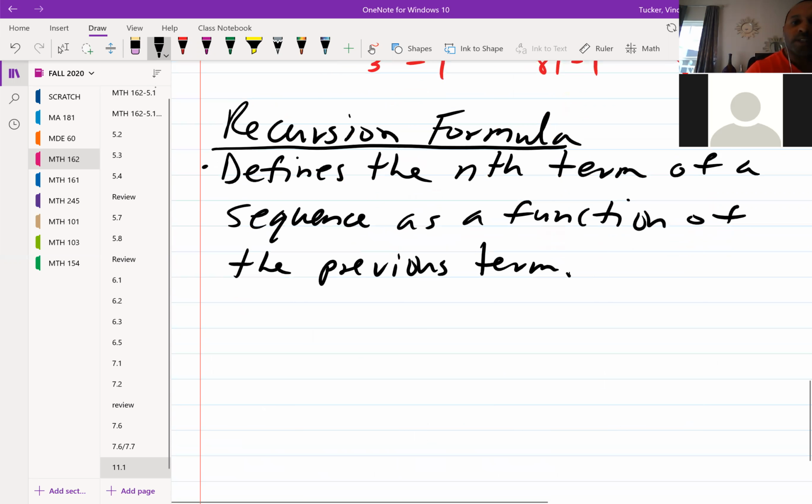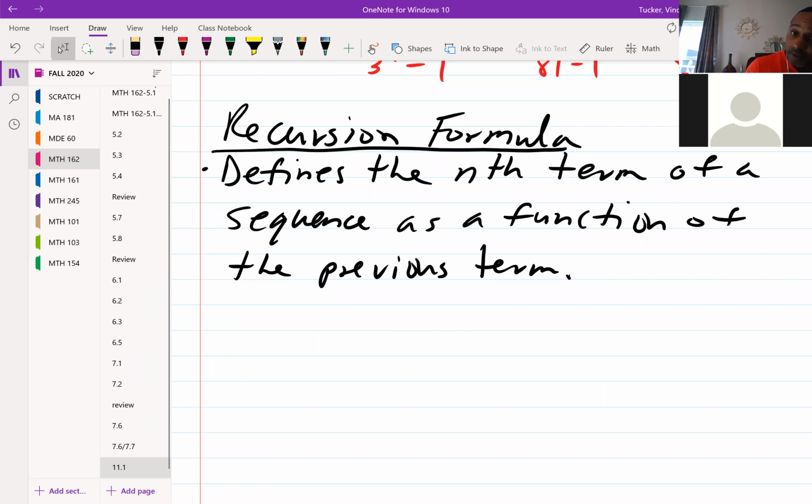All right, so the next thing is the recursion formula. It defines the nth term of a sequence as a function of the previous term.